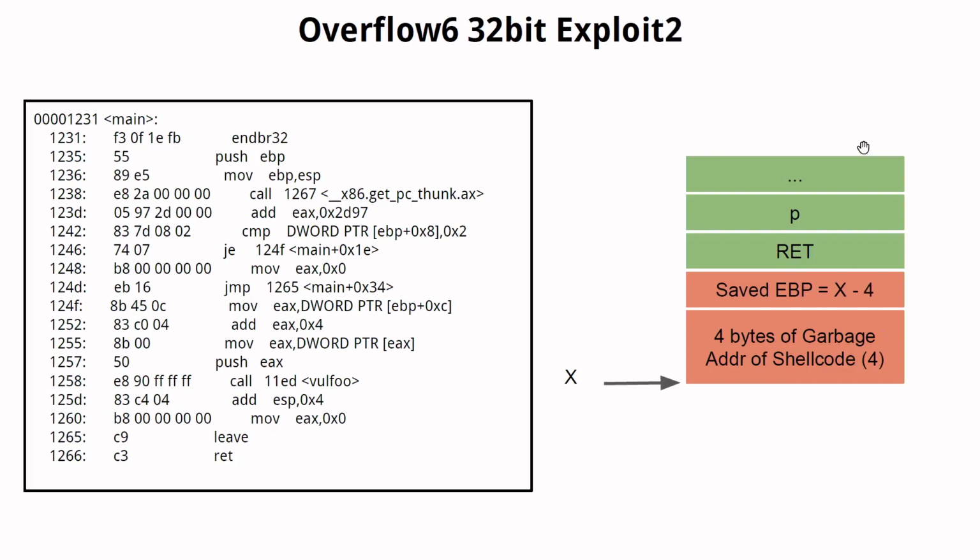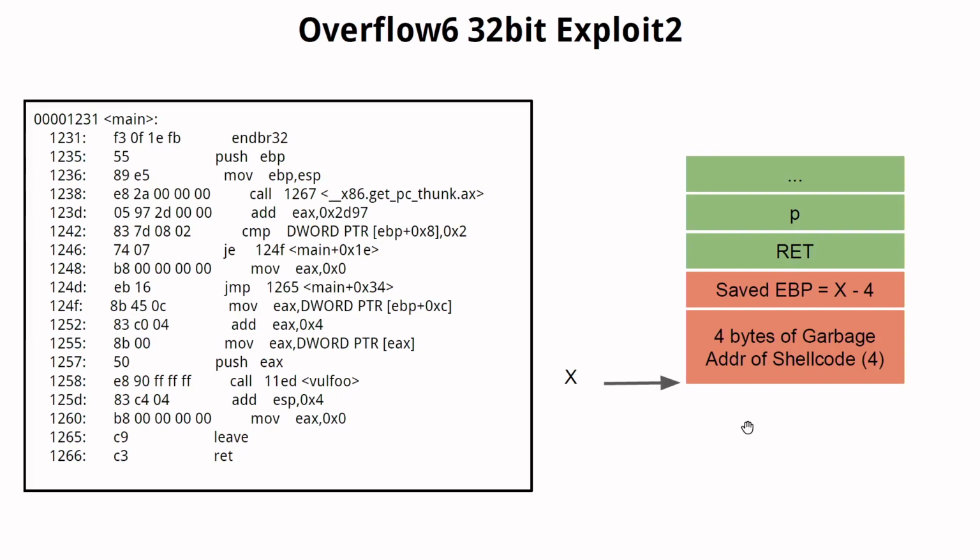The second way, the same. The only difference is we know the buffer's address. We put the buffer's address minus 4 into the saved EBP. So the main function will not think my stack frame is here. Instead, it will think my stack frame is here, 4 bytes lower. And at this place, what it points to, the main function's saved EBP, the value doesn't matter.